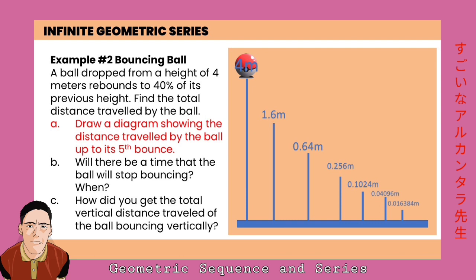Again, what's happening here is we're multiplying each term by 0.4 to get the next term. Now, 0.256 times 0.4, you're going to get 0.1024. And again, this is going to continue endlessly until it reaches the point that it's closest to zero. It's not going to be zero, but it's going to be close to it.